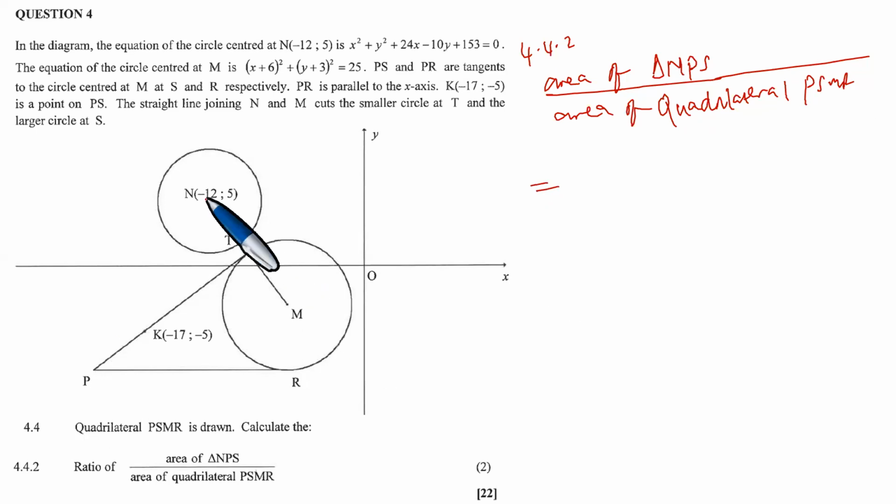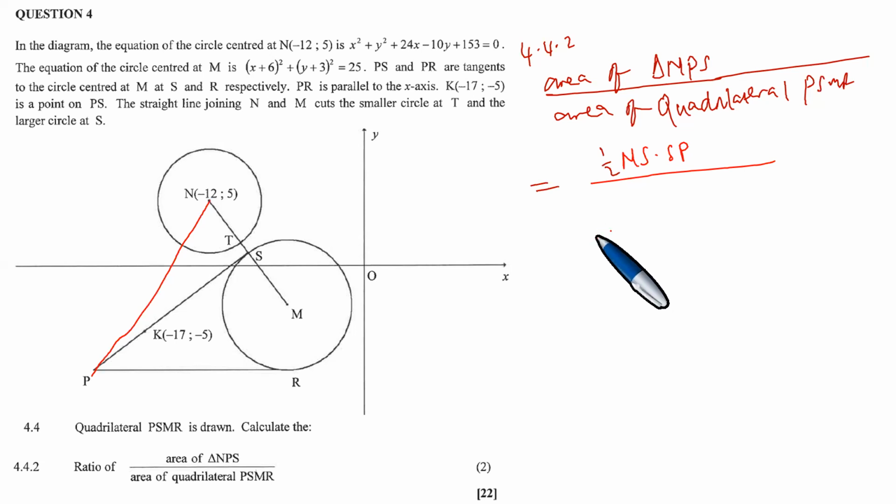Okay, if you look at the triangle NPS, the area is half NS times the height SP. This guy.